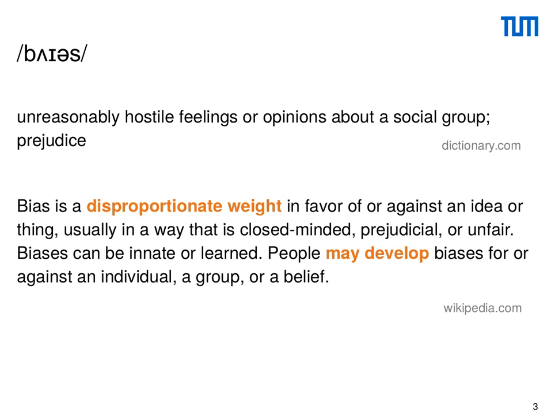It can be innate, it can be learned, and people may even develop new biases for or against some things. It is important to understand that these things can be something concrete, like a thing, an individual, but they can also be something abstract, like an idea, a belief, a perception of a social group.